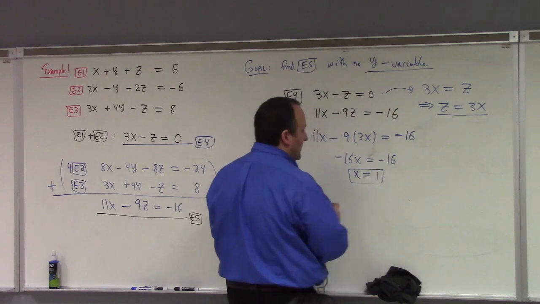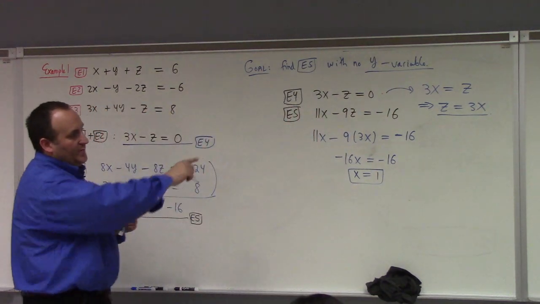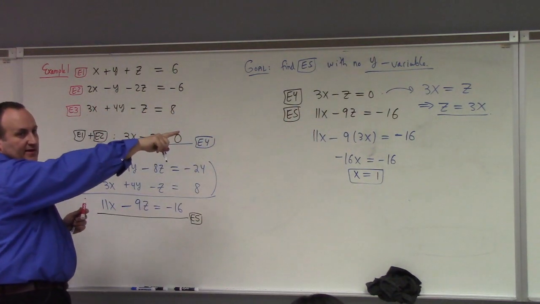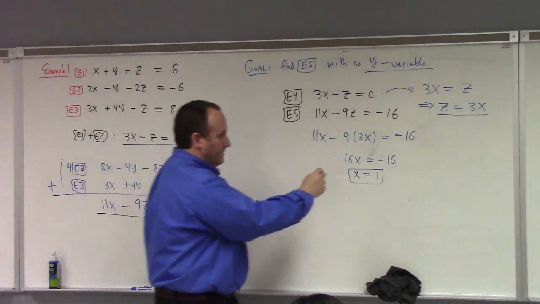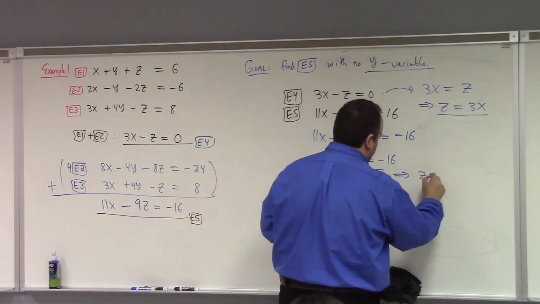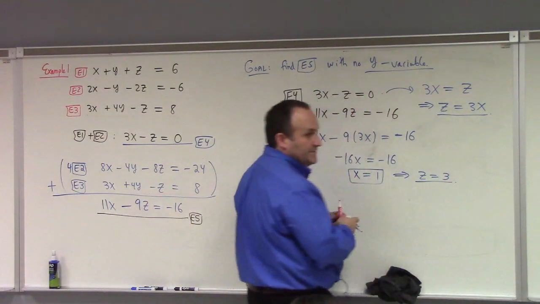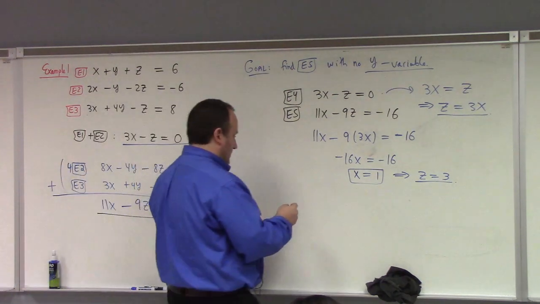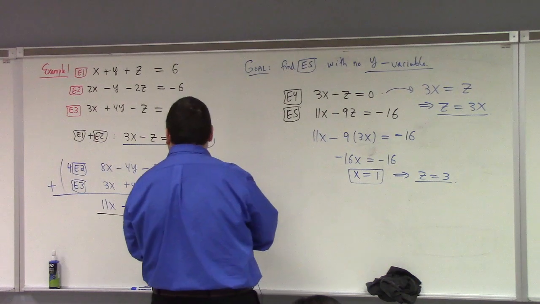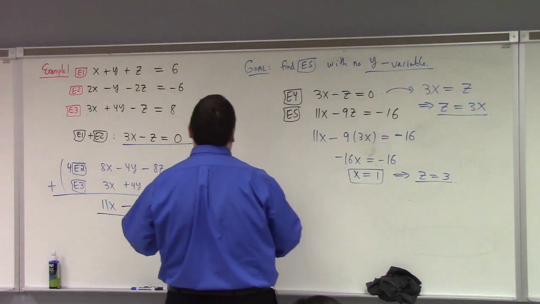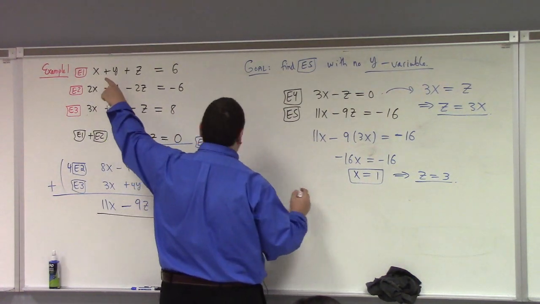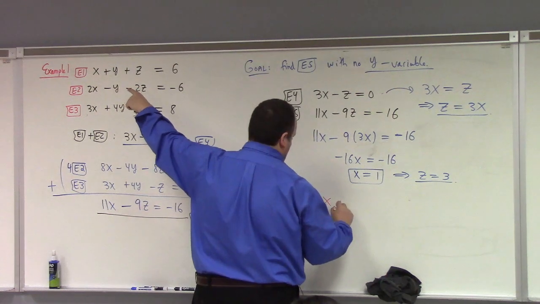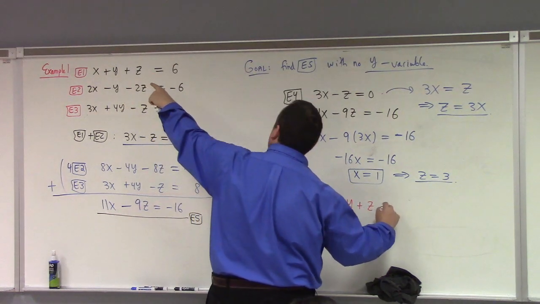So, woohoo. Then what? You go back to z equals 3x, z equals 3, right? And what's y equal to? Well, yes, but how would you figure that out? Maybe the first equation, right? x plus y plus z equals 6.